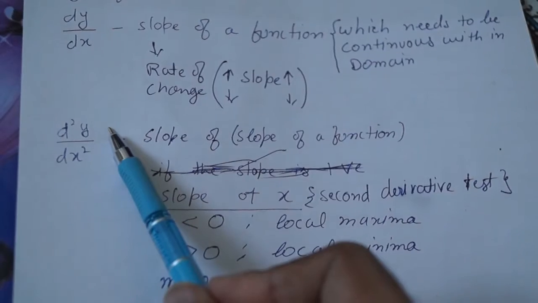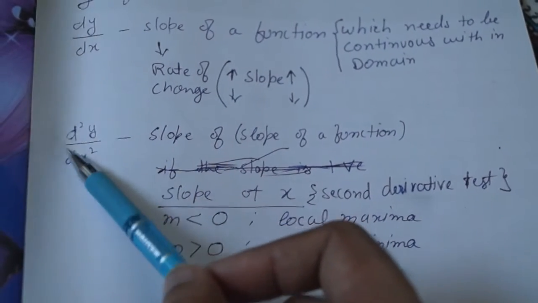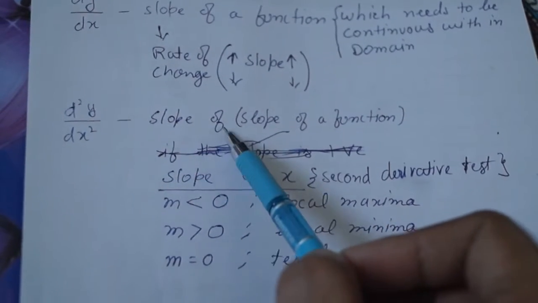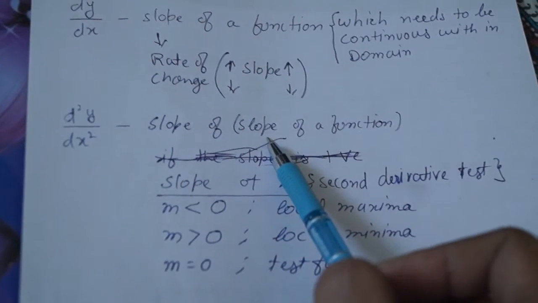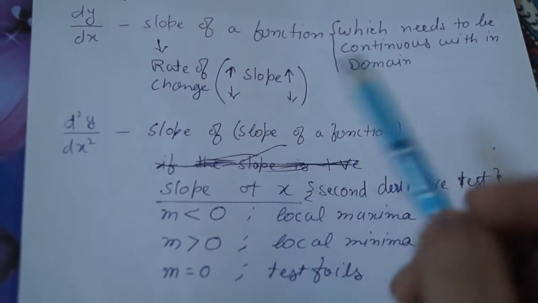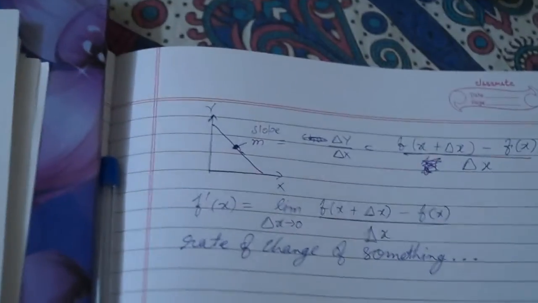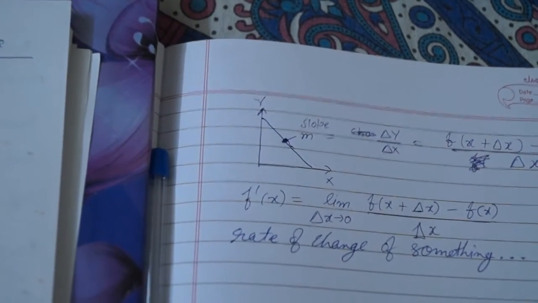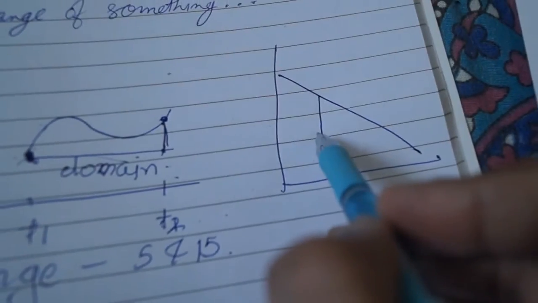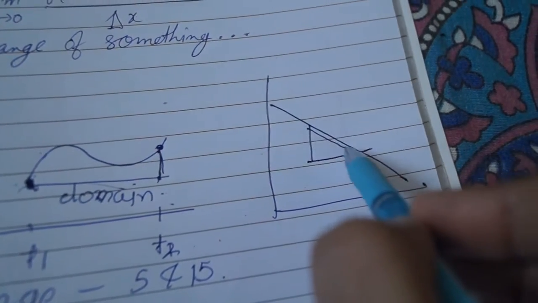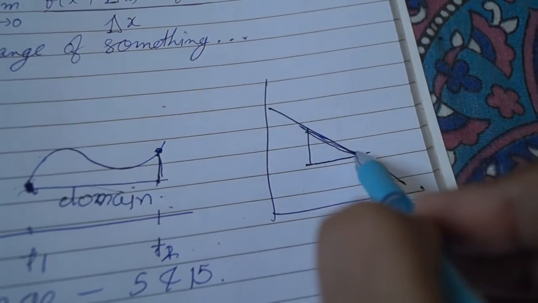Then if we take a second derivative and determine the slope of the slope of a function, suppose we zoom in very close and take this and this, this is the slope which we are talking about.